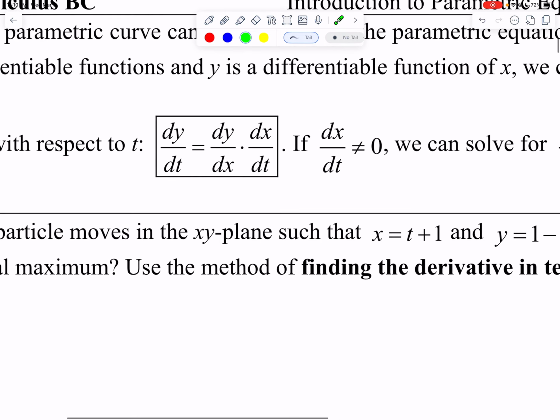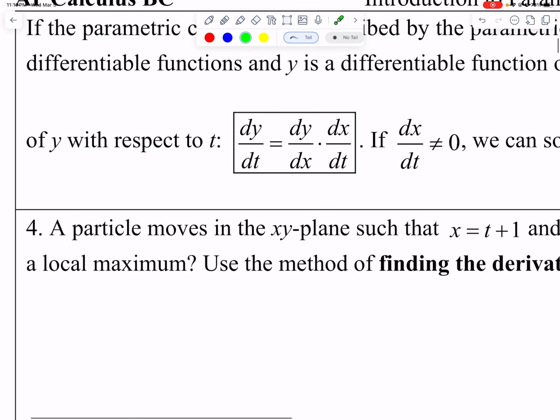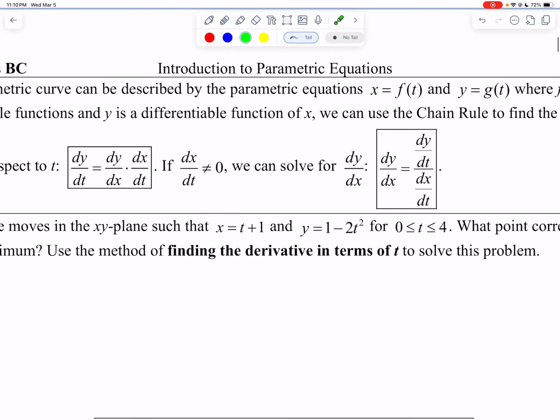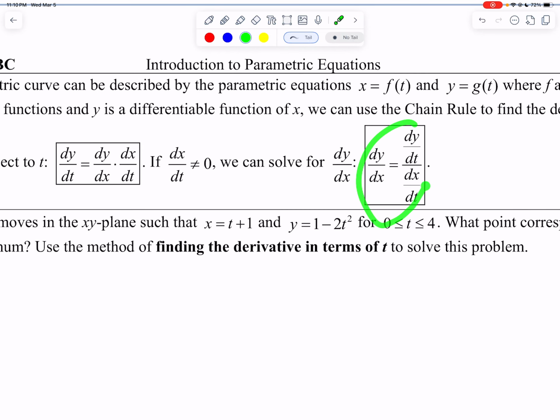Because we have the derivative with respect to t, I have to use the chain rule. So I'm going to have dy/dt equal to dy/dx times dx/dt. And then if I'm solving for dy/dx, my derivative, that just gives me this: dividing by dx/dt gives me dy/dt over dx/dt.